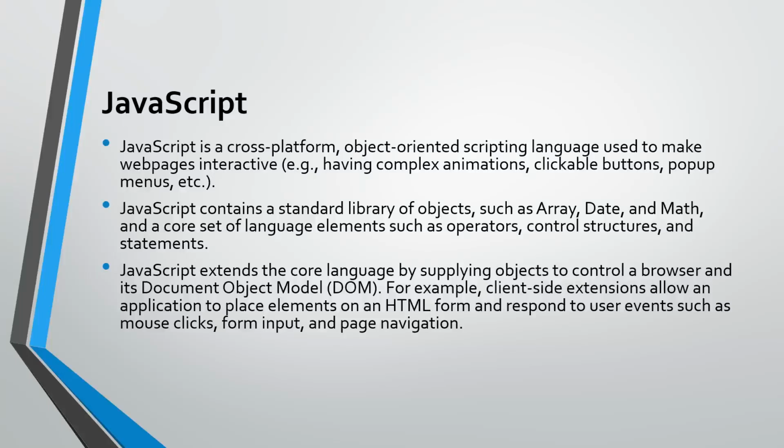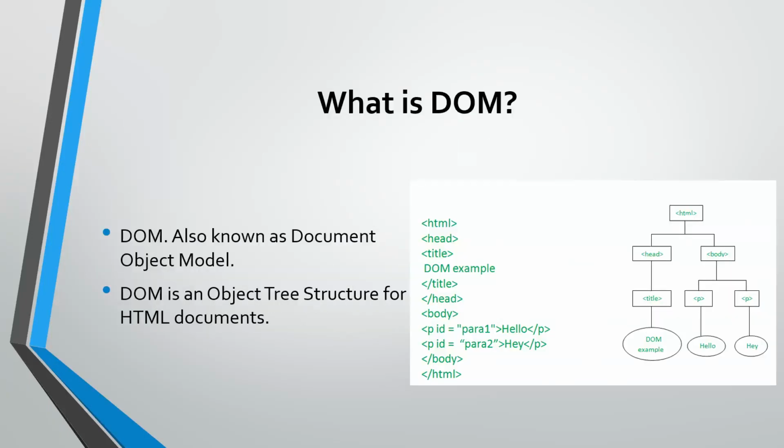Now moving further, let us see what exactly DOM, the document object model, is, in our next slide. So what is DOM? It is also known as document object model, as I told you earlier. Now on the right-hand side you can see the tree structure for an HTML document. As an example, you can see the HTML code over here, which we will be seeing in our next session.